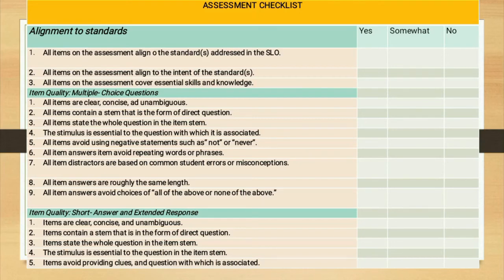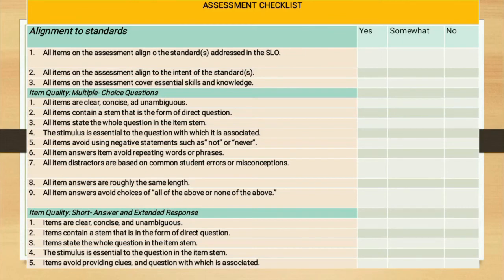And all items avoid repeating words or phrases, meaning redundancy. Number 7, all item structures are based on common student errors or misconceptions, like the distractors. And 8, all item answers are roughly the same length. And all item answers avoid choices of all of the above and none of the above. So that is the format for making multiple choice questions.